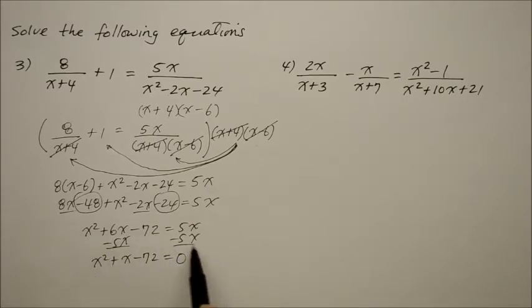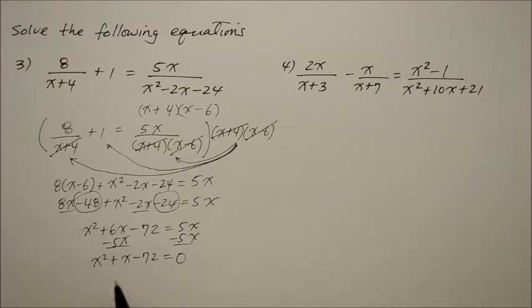Is that the answer? No. We're looking for x. Let's see if you could see that first of all on the camera. Yep, you can still see it. So if I factor this trinomial, we get x and x. 8 times 9 is 72. And if the bigger number is positive, it'll give me a positive 1 in the middle.